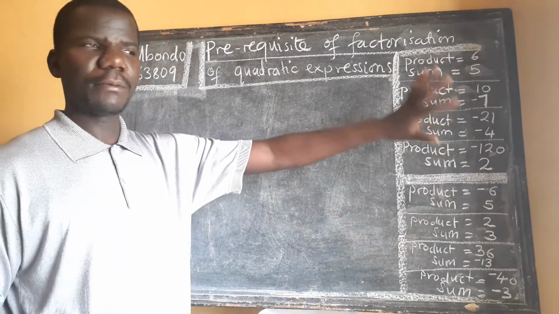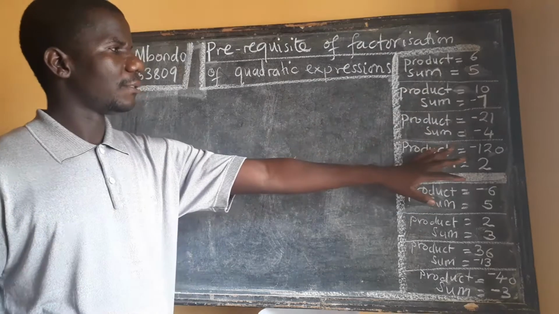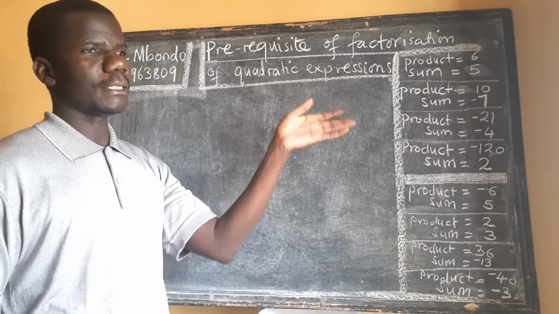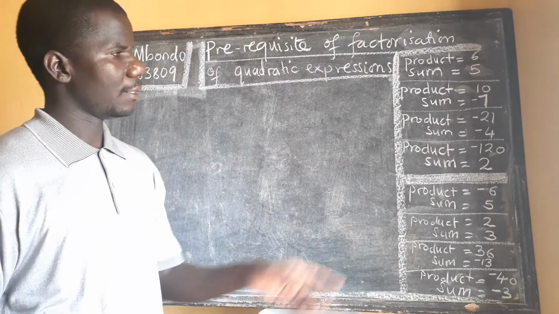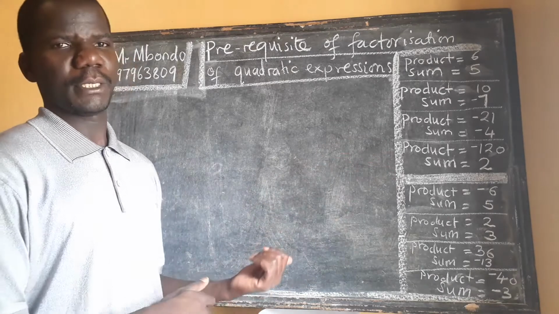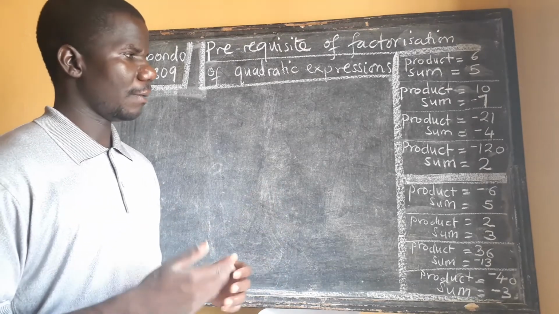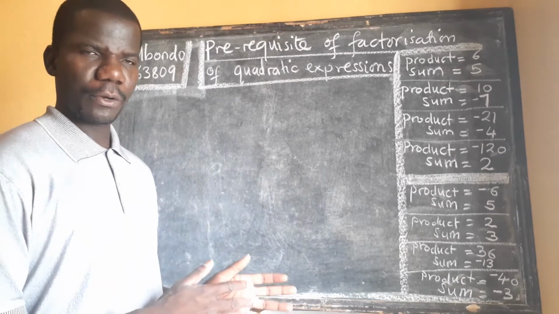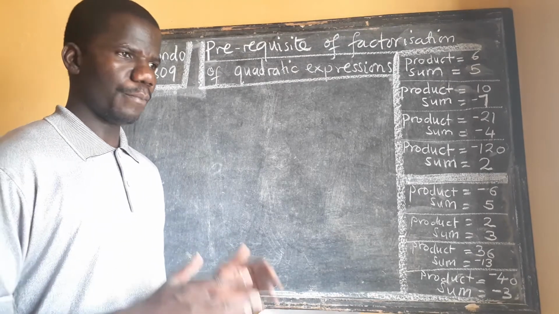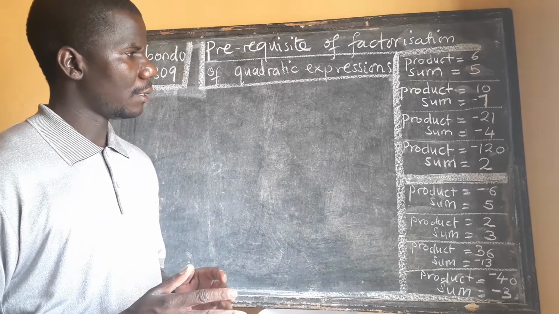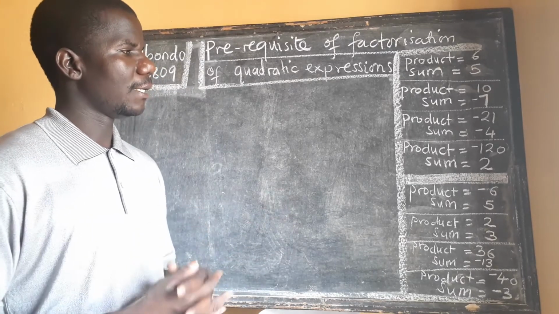So once we have dealt with this part, when we come to the actual quadratic expressions, we'll be combining this part and grouping terms, which I already presented. And everyone who is following these videos, you better watch them in the order that they are presented.